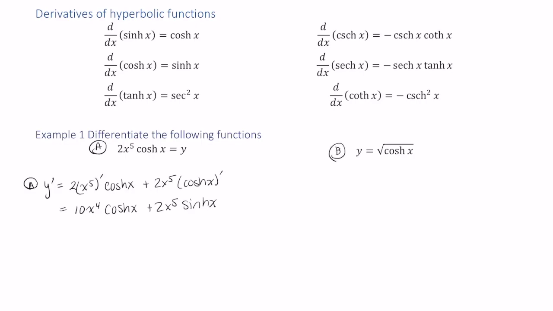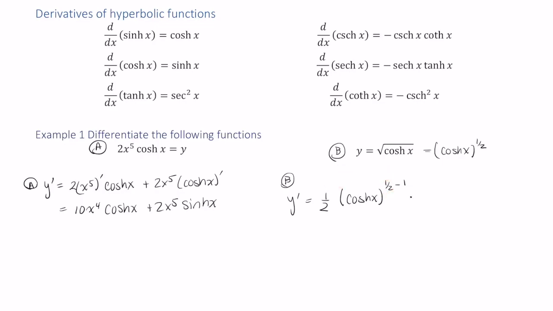Next, let's call this one b, and let's rewrite it as cosh x to the 1/2 power. So for b, we end up with y prime equals 1/2 times cosh x to the 1/2 minus 1. That is just applying the power rule, where we move the exponent down and then subtract by 1 here.